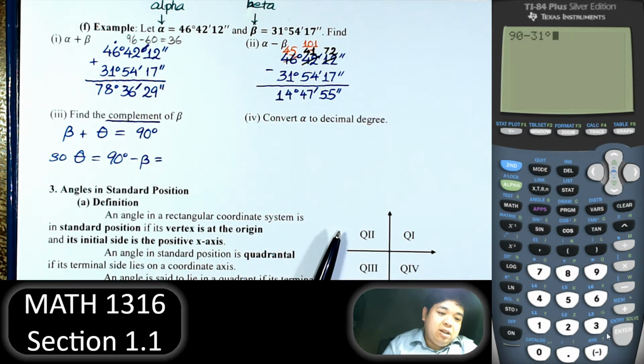31 degrees, 54 minutes, and 17 seconds. Right. And convert to degree, minute, second.